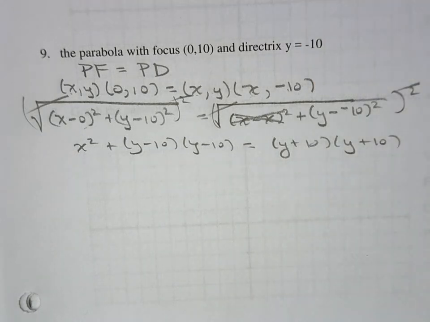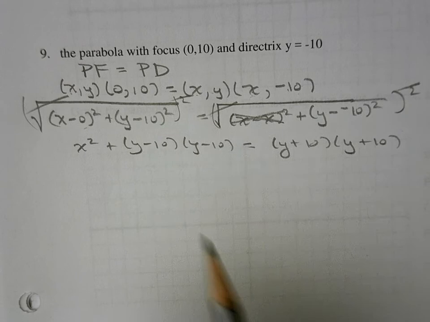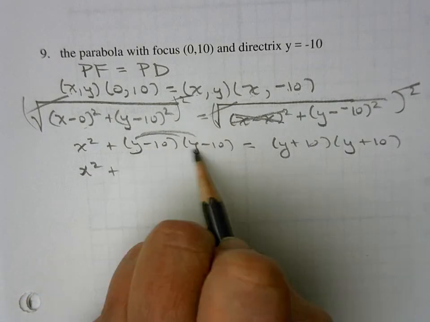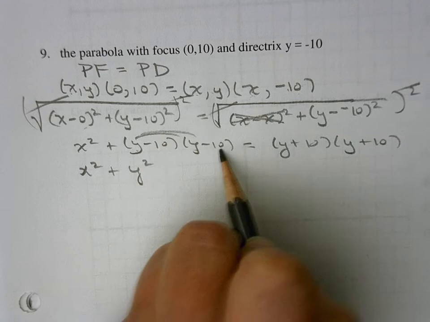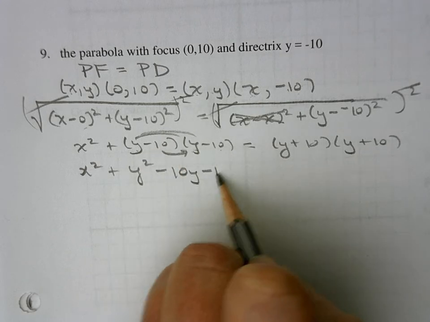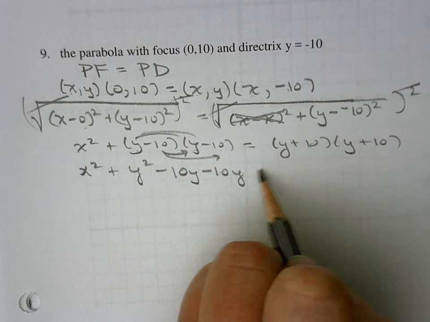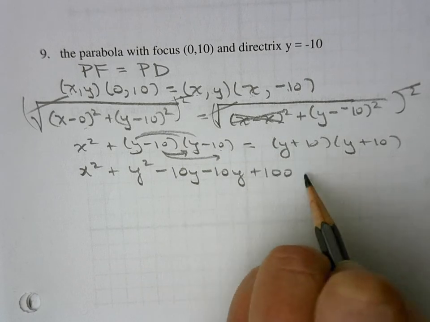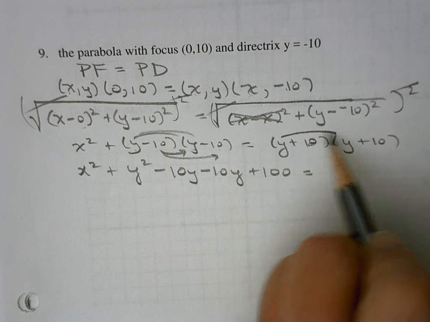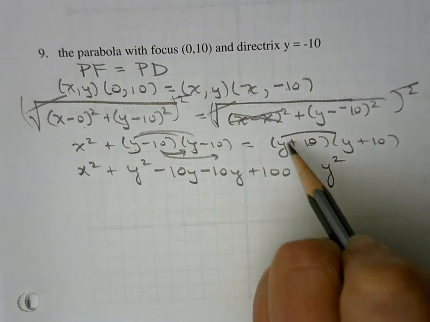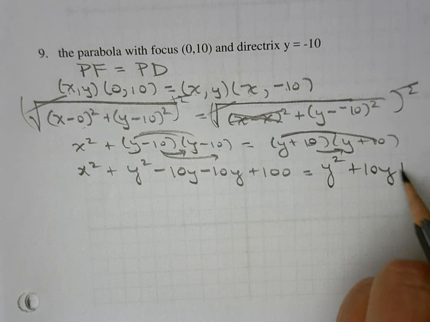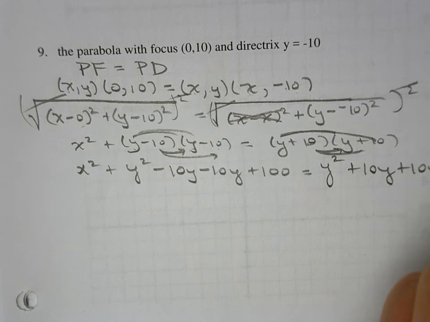And then I want to distribute and combine like terms. So y times y, y times negative 10, negative 10 times y, and negative 10 times negative 10. And then the same thing over here, I want to distribute. So y times y, y times 10, 10 times y, and 10 times 10.